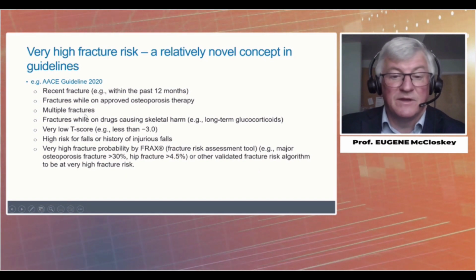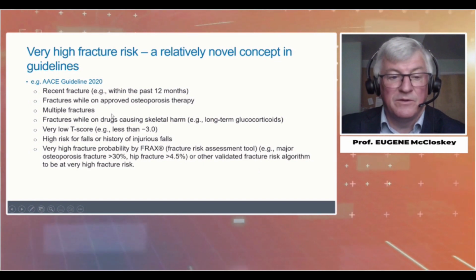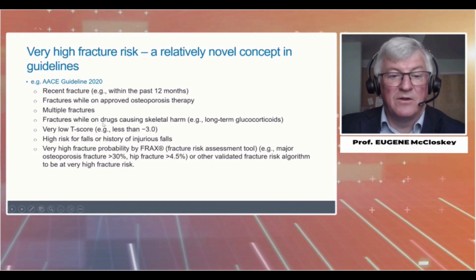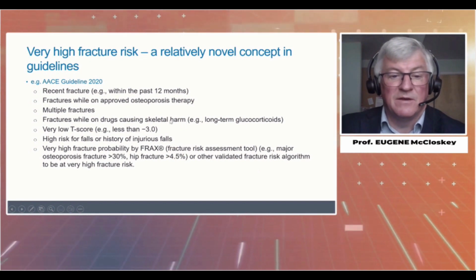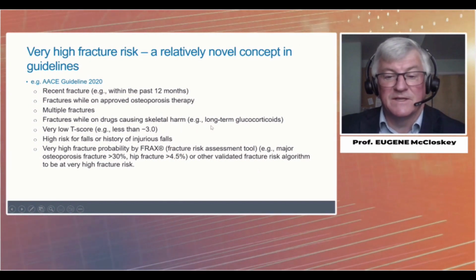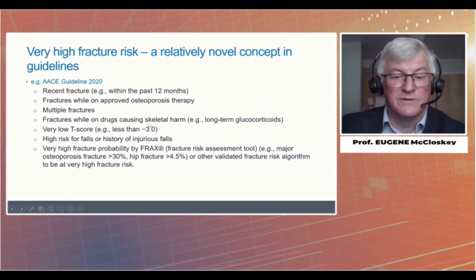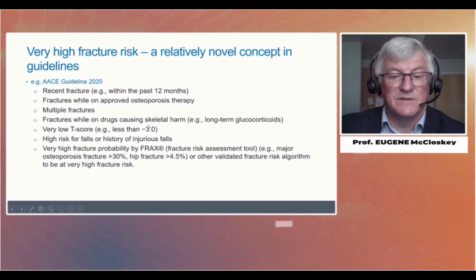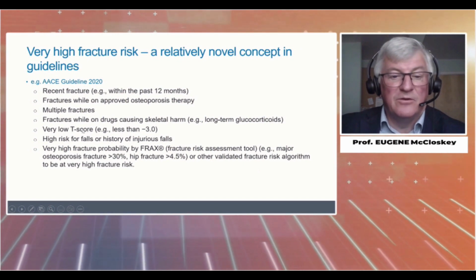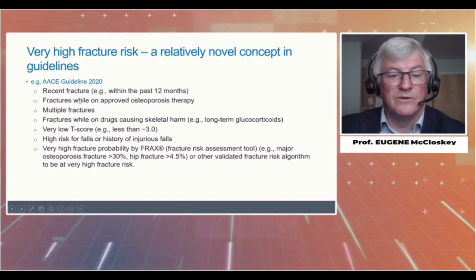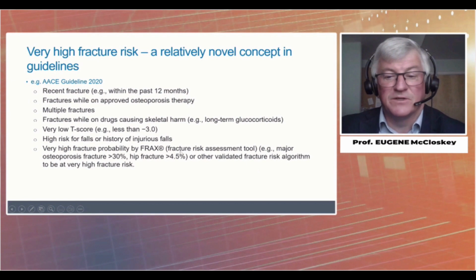Multiple fractures is a fairly easy one that I think most of us would agree with. Fractures while on drugs causing skeletal harm. This is a little bit difficult because we've got less access and less licensing around the use of bone-forming treatments, such as the more recent treatments in the setting of long-term glucocorticoid use. Or it could be a very low T-score and so on. So I'm not going to go through these all one by one, but the last one does mention FRAX thresholds.